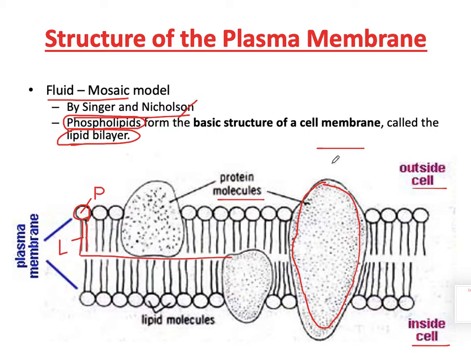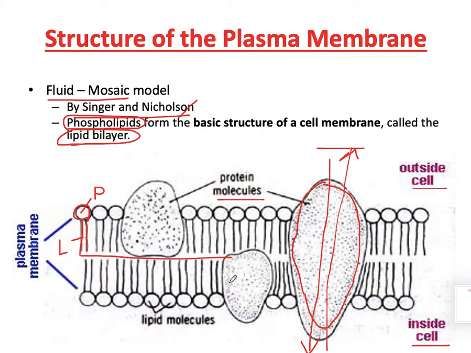So they can serve as transportation channels for various things to come inside or go outside, right? These proteins are there for a purpose, and that purpose is transport across the plasma membrane. There are certain smaller proteins also which give specific strength and various qualities depending upon where they are present.